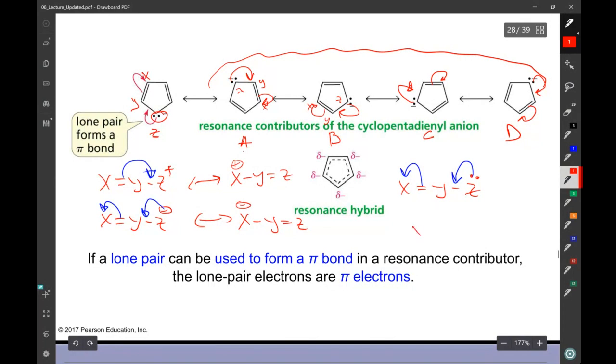But now the difference here is that in your resulting resonance structure, your Z will end up with a positive charge and your X will end up with a negative charge. Those are the three cases of resonance structure involving three atoms that we have seen in this class. And that's the way I want you guys to be able to move your arrow. So if I ask you to show your resonance, that's what I'm talking about. Does that make sense?